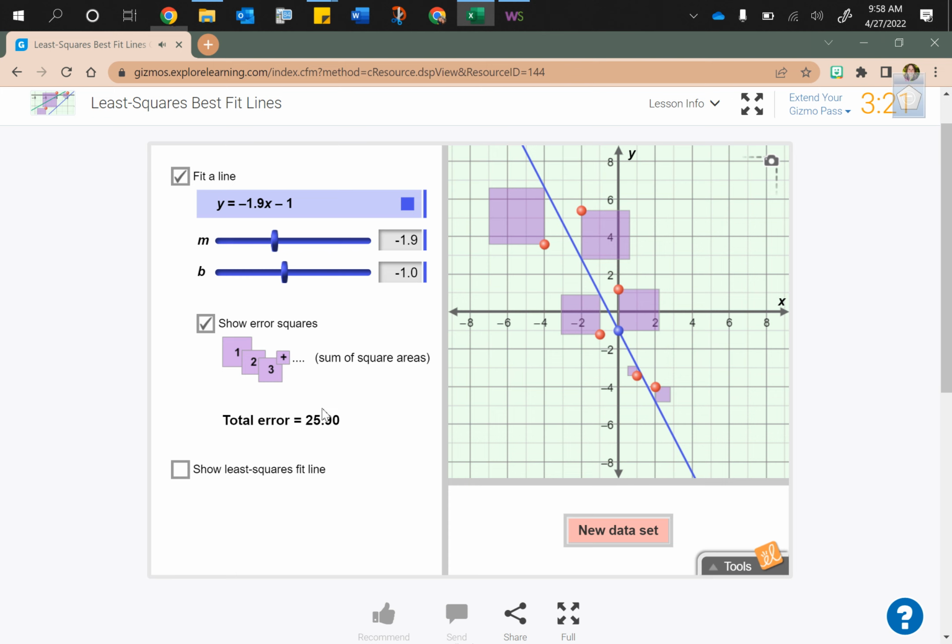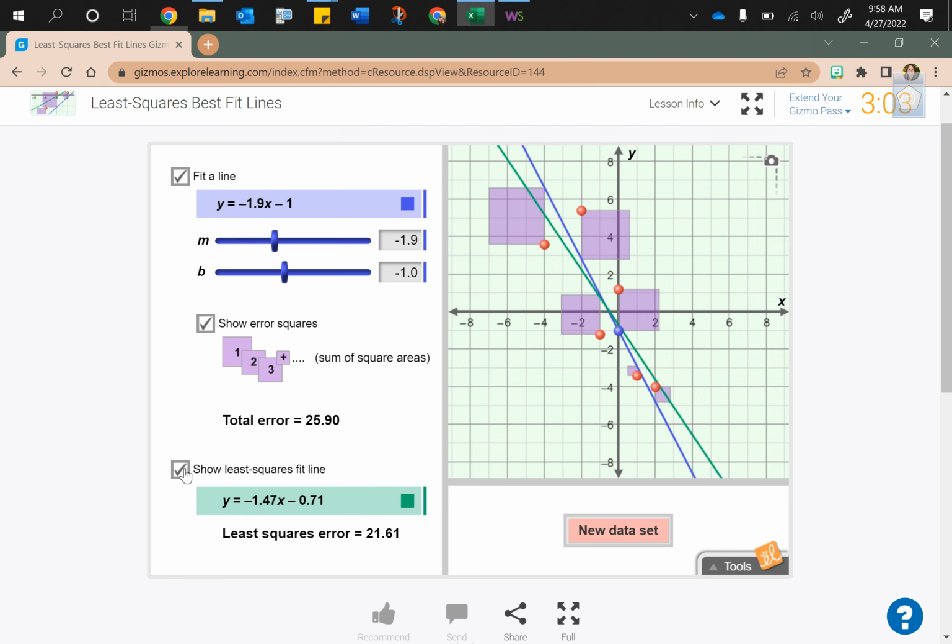Do you guys agree? Now, if I actually find the correct least squares fit line, ooh, it went way, way better. So the slope was a little bit different, and they got an error of 21.61. So I was close, but I could have gotten a lot closer. Does that make sense?